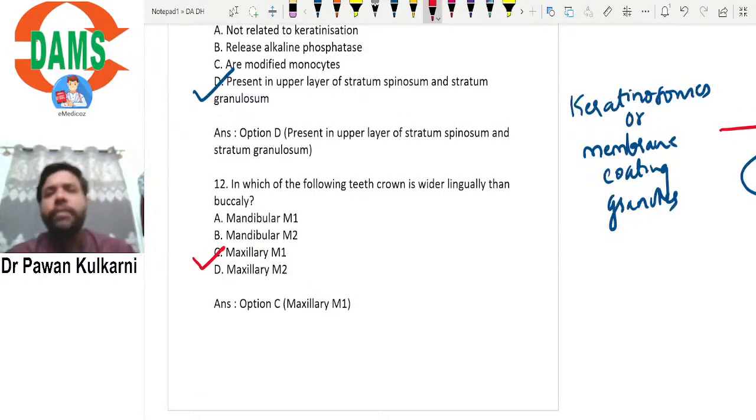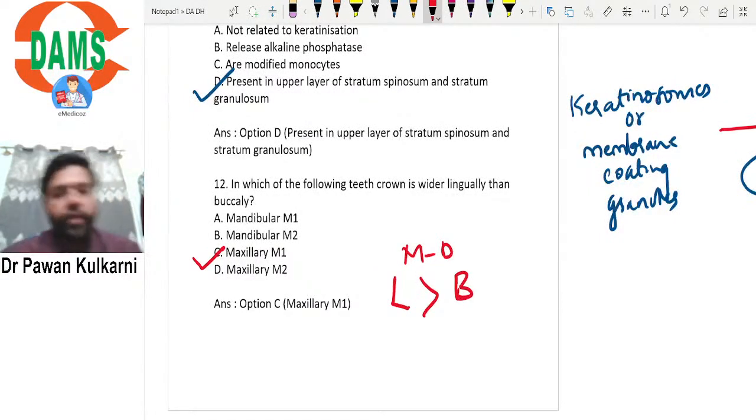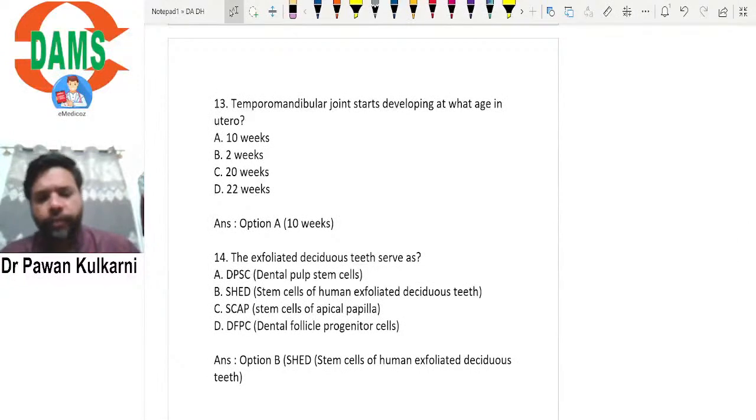Always remember, the first maxillary molar is wider mesiodistally on the lingual aspect than on the buccal aspect. There's nothing to explain here, just a simple memory-based question.